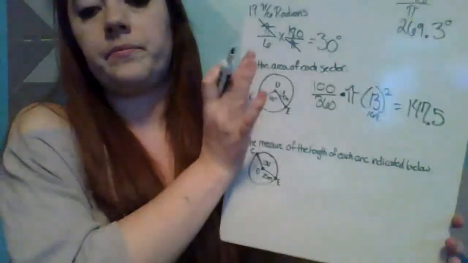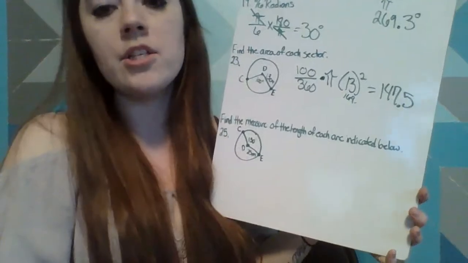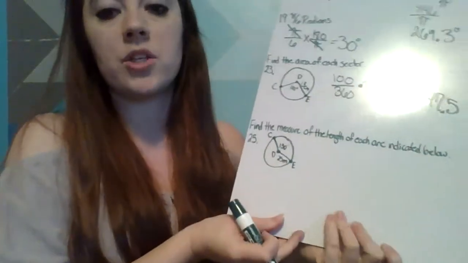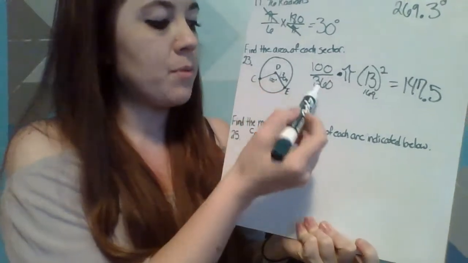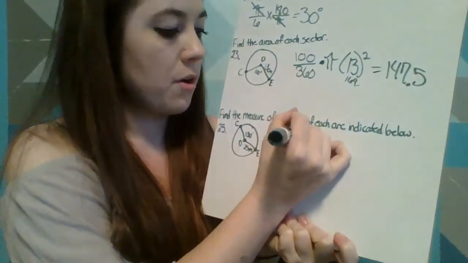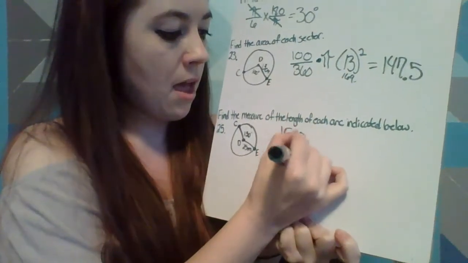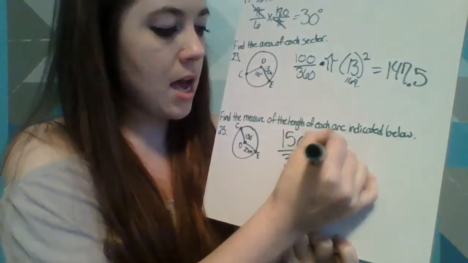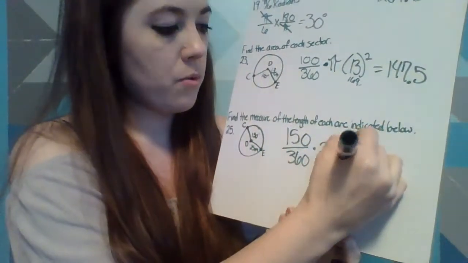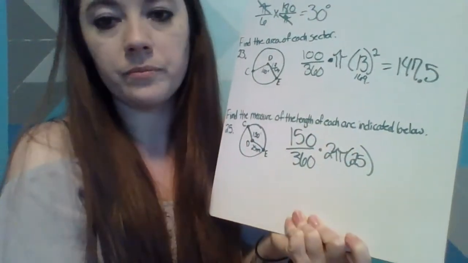All right, the last problem. So we want to find the measure of the length of the arc. So remember, this is using circumference, but same idea as what we did up here. We start with the angle. That is 150. So 150 out of 360 times 2 pi times the radius, which was 25.